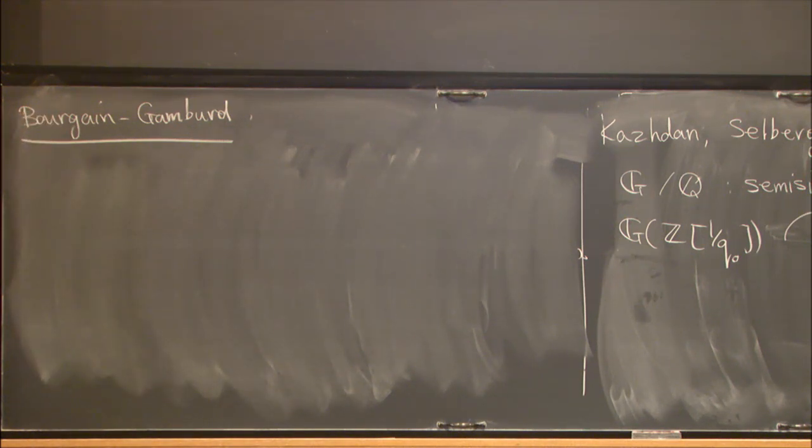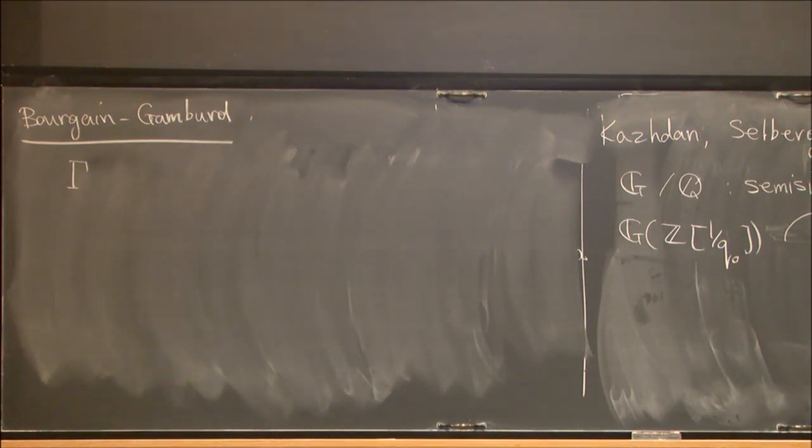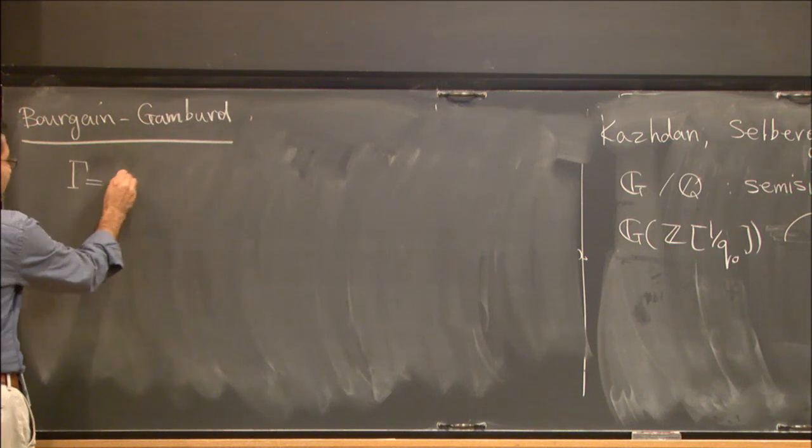So Bourgain and Gamburd's work says that if gamma, so they proved stronger than this. In fact, their method is much more important than just the result, but the result is extremely important as well.